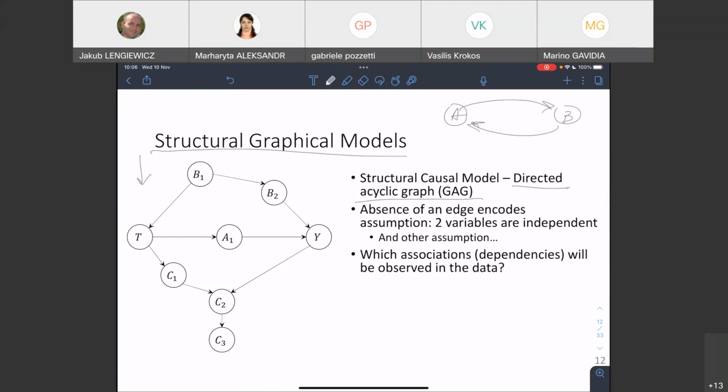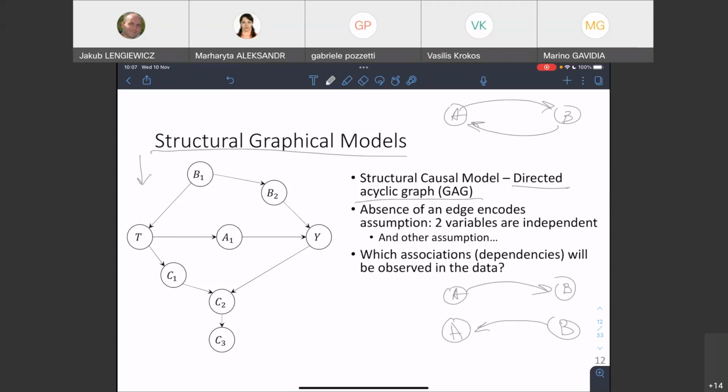As I said, this situation can be broken down into two cases. First we have A being the cause of B, and on the second stage we consider the effect that B has on A.